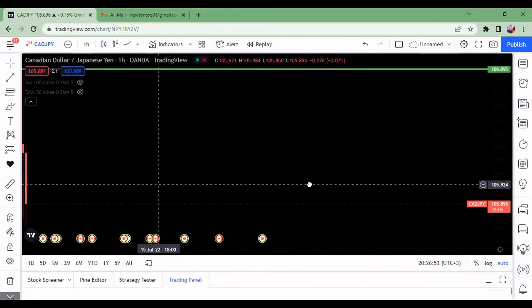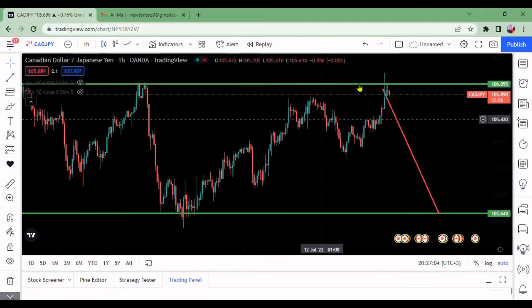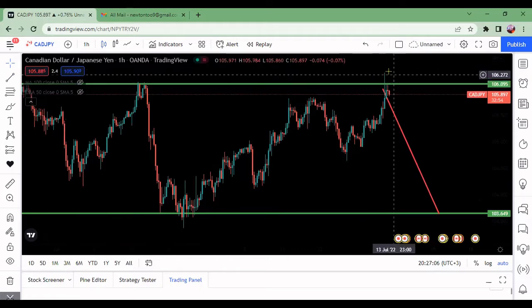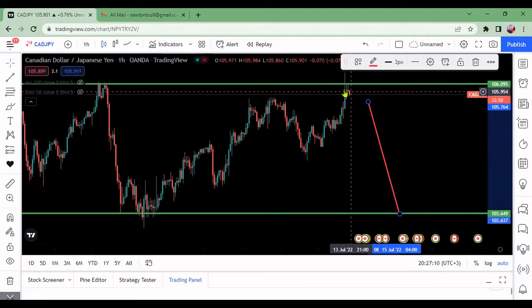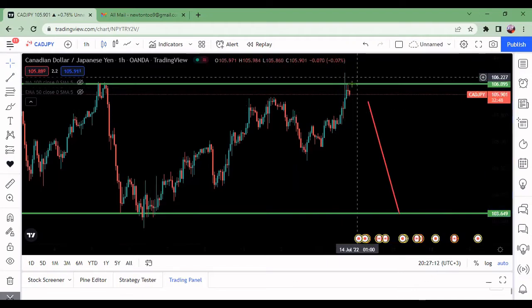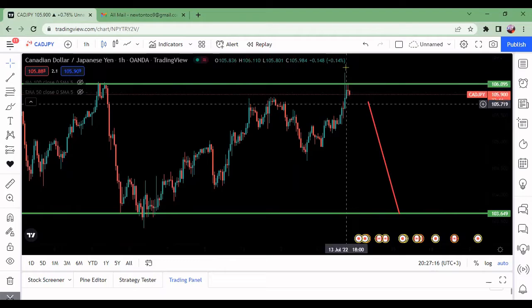Most of the time we normally see this in the candlesticks. For example, here the buyers were trying to push the market up, but there was more selling pressure, and then the market dropped down. So whenever you see wicks on the upside, on resistance, this means the price is being rejected going up.